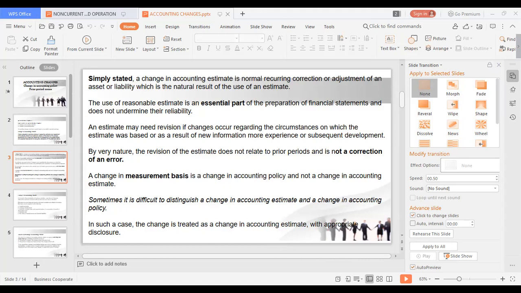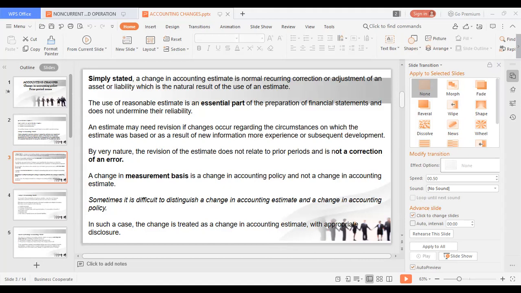So the cumulative increase under the percentage of completion method is 1.3 million. So the tax effect is 390,000. So the addition to retained earnings on January 1, 2020 is 910,000.